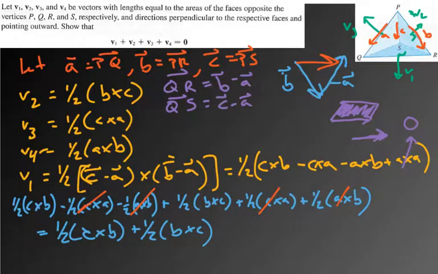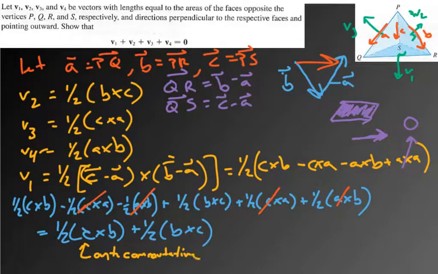But if you remember, one of the things I had you do in a video was look at this C cross B versus B cross C, this kind of idea. And we saw that the term for this cross product is what we call anti-commutative.